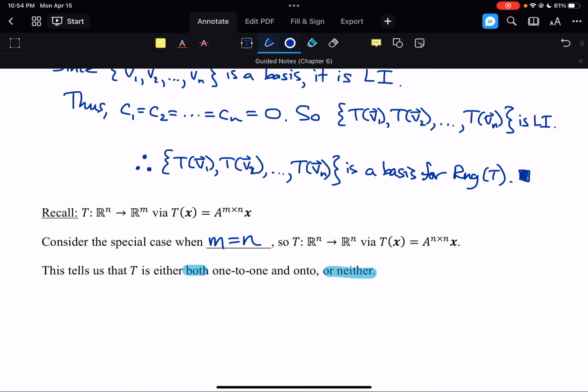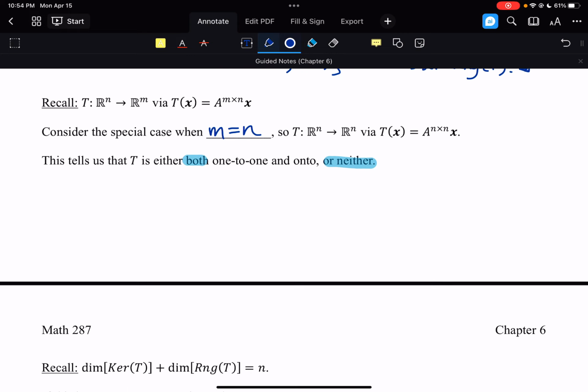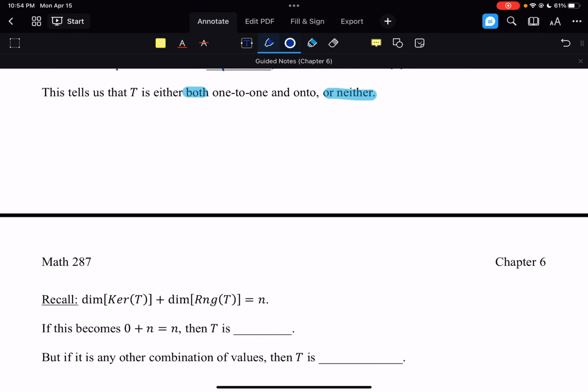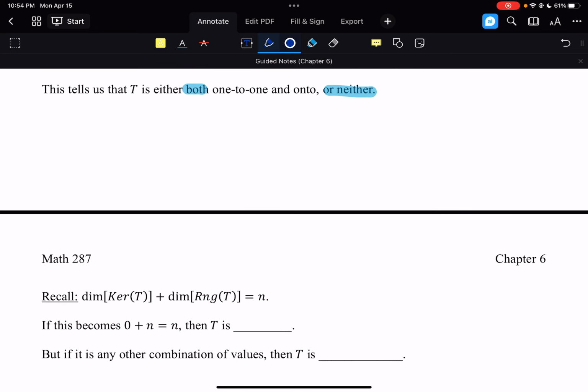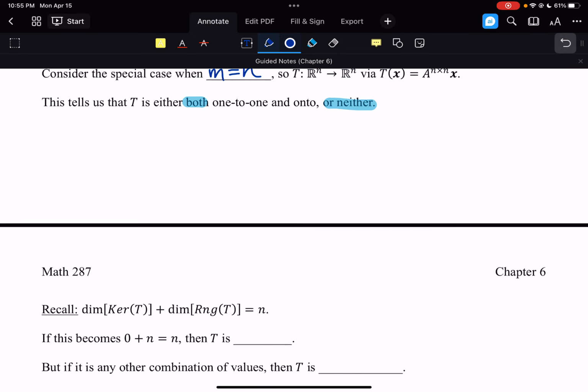But now if we relate back what we already know about the matrix transformation, we know that the dimension of the kernel plus the dimension of the range is equal to n, right? That's the dimension of V. But in this case, that's also the dimension of the matrix, n by n.